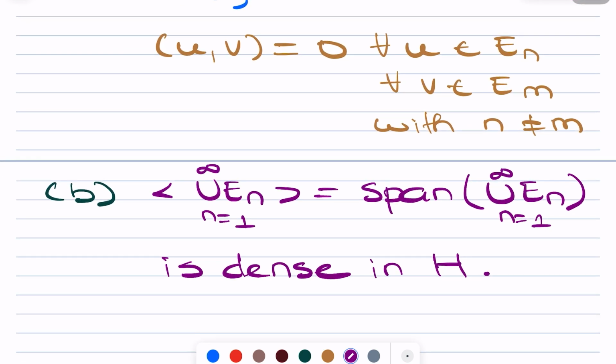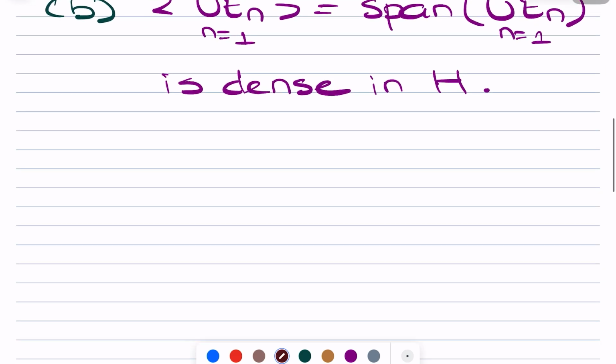Okay, so now let's state our first theorem. So this is theorem 5.9.